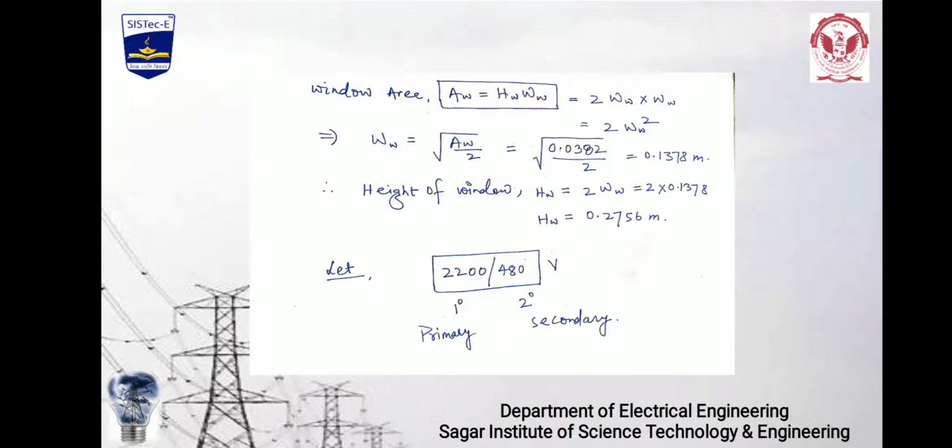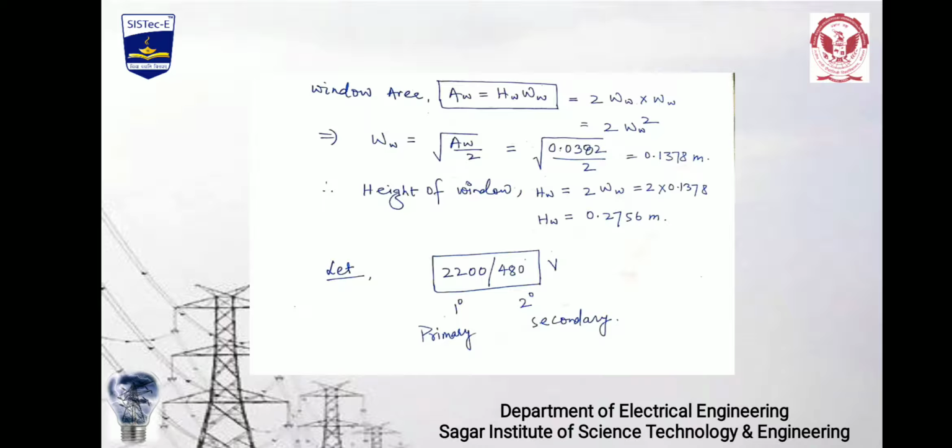From this, width of window is equal to root under AW upon 2, which is 0.0382 upon 2. Calculate, you will get the result WW is equal to 0.1378 meter. Now the height of window HW is equal to twice of WW, which is 2 into 0.1378. HW is equal to 0.2756 meter.